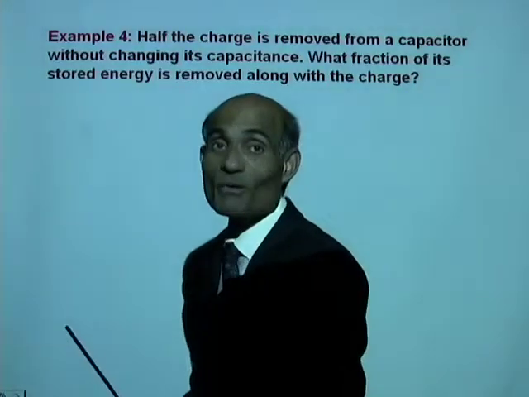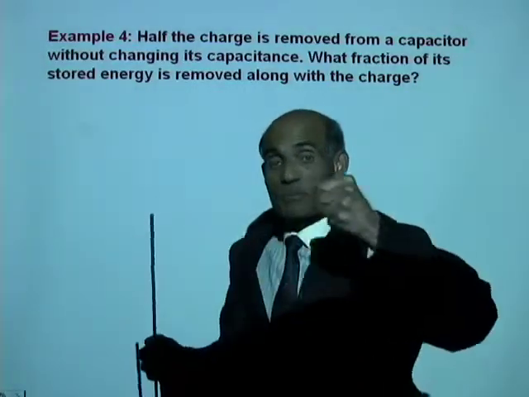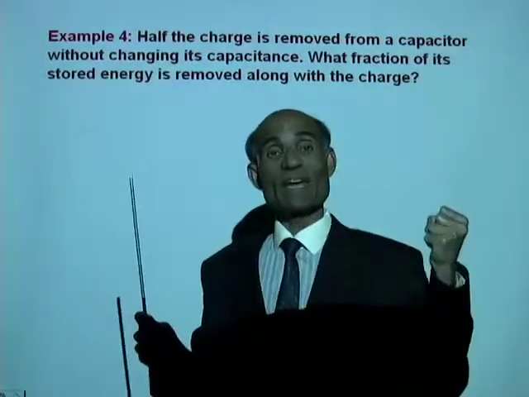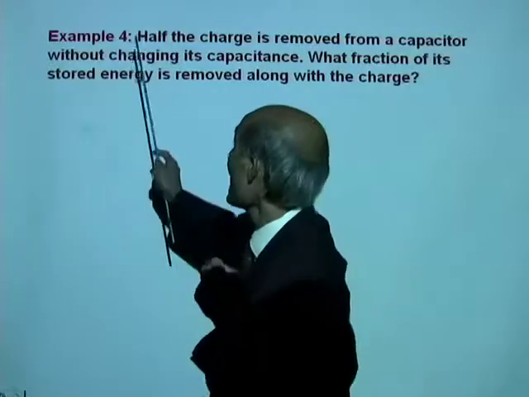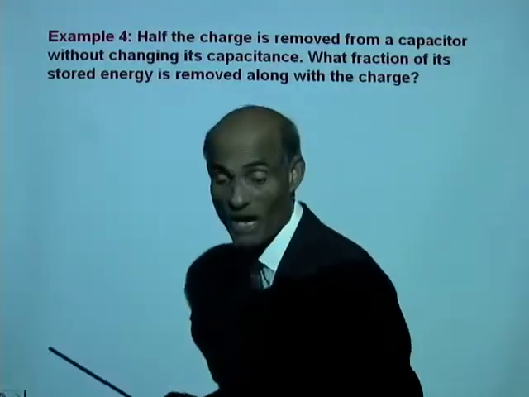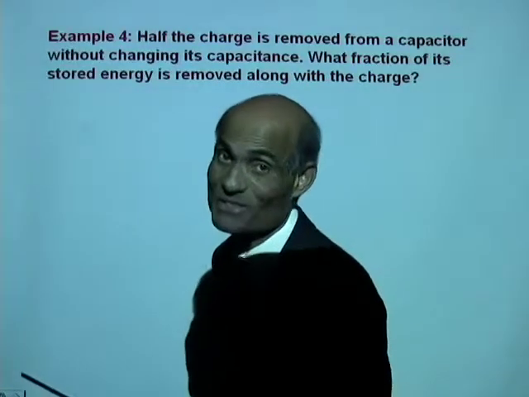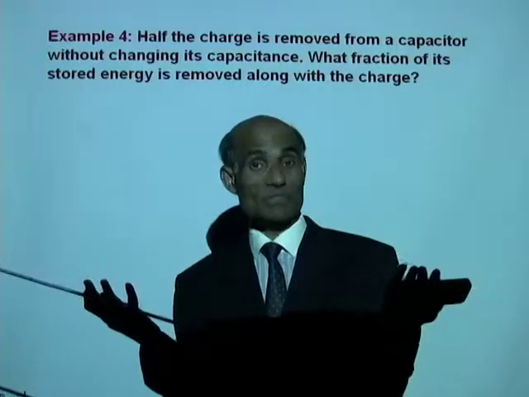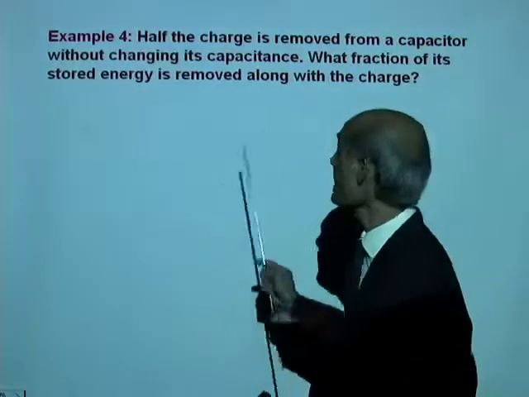Well, when you remove charges from the charged capacitor, you are removing energy from it. Half the charge is removed from a capacitor without changing its capacitance. Well, of course, removing the charge will not change the capacitance. What are we supposed to find?